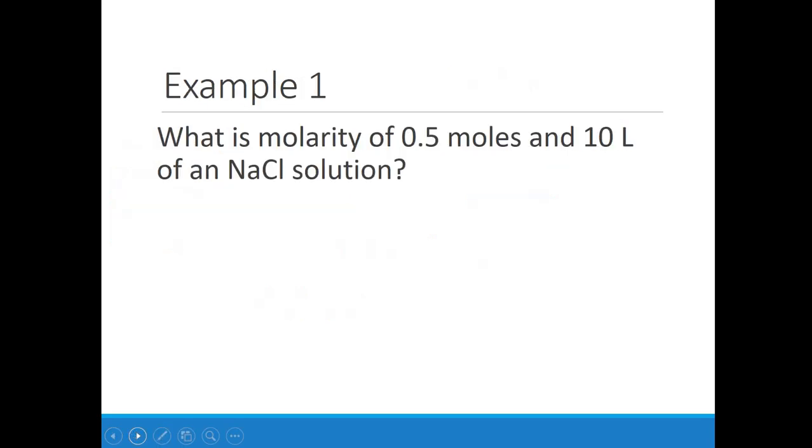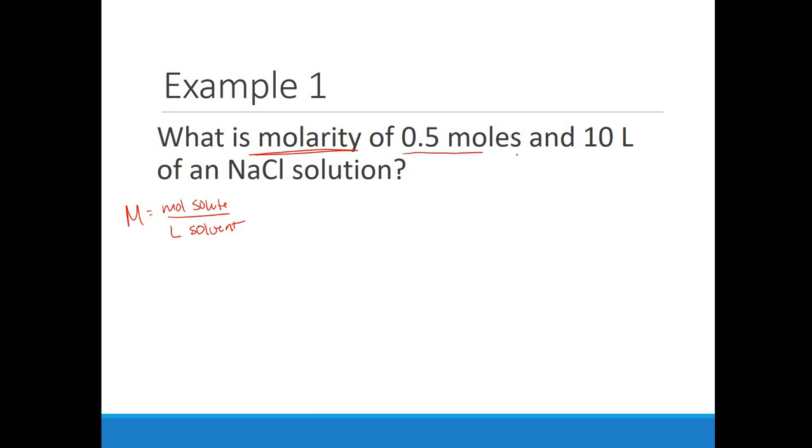We're going to go through a couple of examples. The first question asks, what is the molarity? Make sure you're paying attention: molarity versus molality. Molarity is moles of solute over liters of our solution. So it's asking, what is the molarity of 0.5 moles of NaCl in 10 liters of solution?